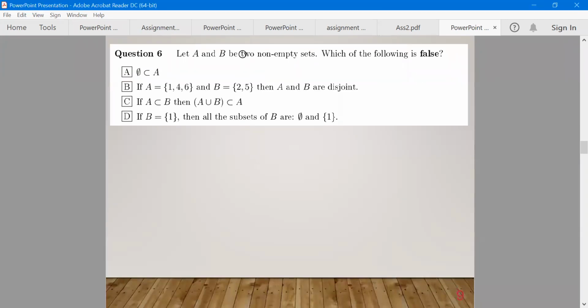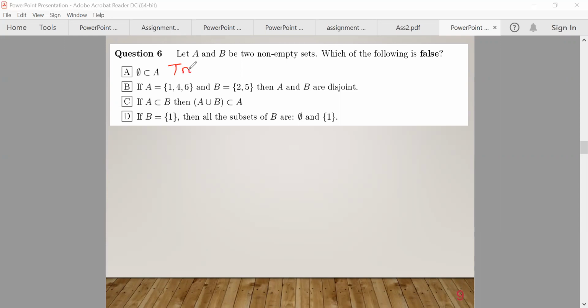Next question. Let A and B be two non-empty sets. Which of the following is false? We said the empty set is a subset of A, this is true. A is {1,4,6}, B is {2,5}, they are disjoint. What does disjoint mean? No intersection.